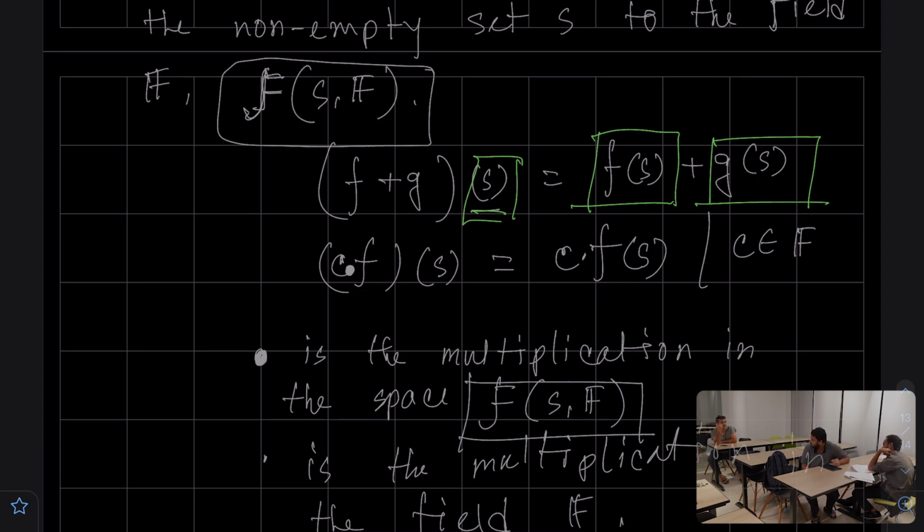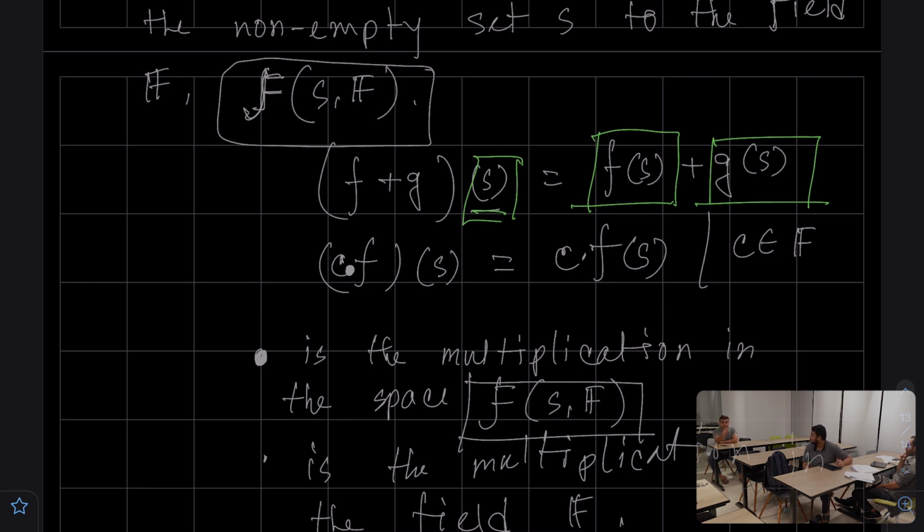Since f is a function, therefore f of s is in the field. So is g of s. So the field element that we are looking at is the addition of these two field elements.